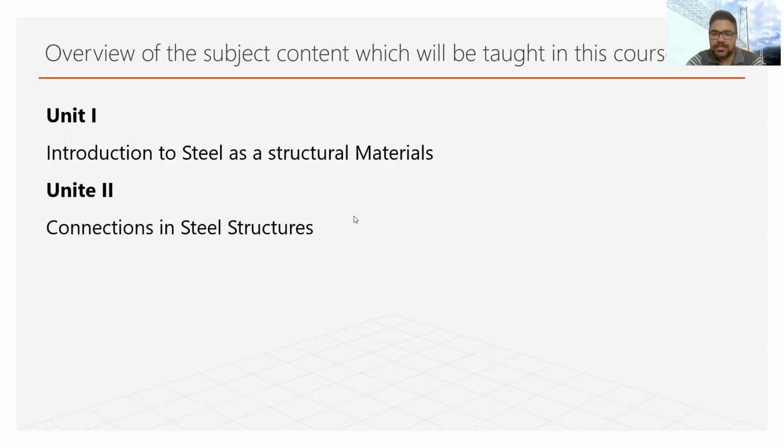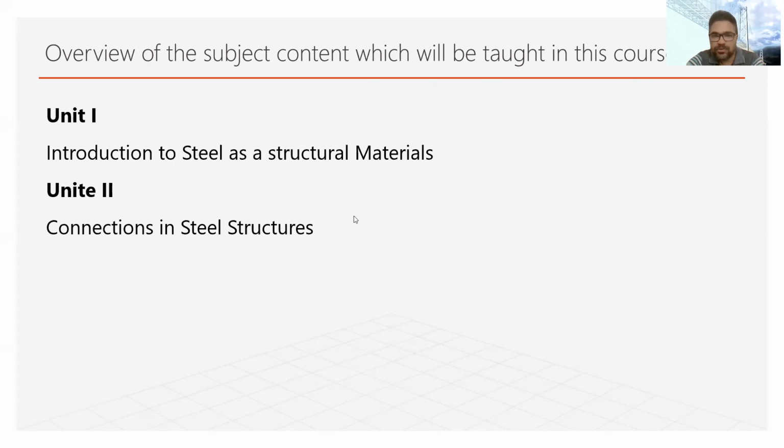And in unit 2, we will understand the concept of connections in relation with steel structures. We will see various fasteners used in simple connections of steel members such as riveted connections, bolted connections, pin connections, and welded connections.